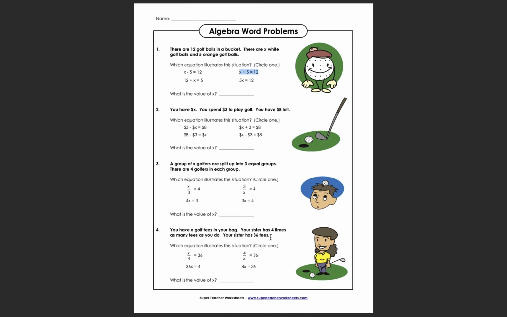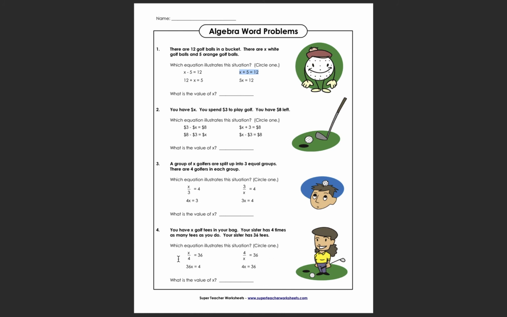I know it has to be a multiplication question because it says my sister has 4 times as many tees as I do. So if I have X and she has 4 times as many, therefore it should be X times 4 or 4X. So the only problems I have where the final answer equals 36 are 1, 2, and 3.